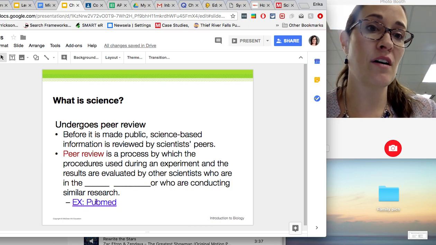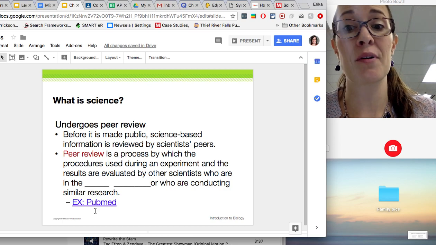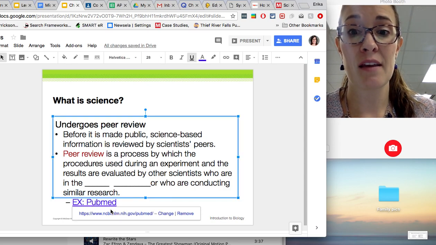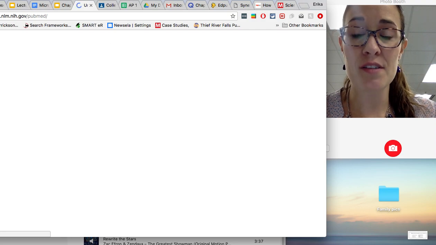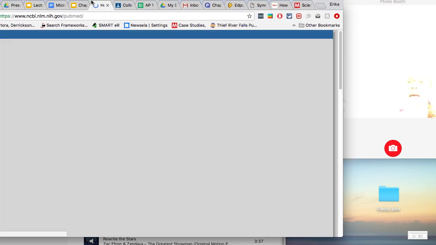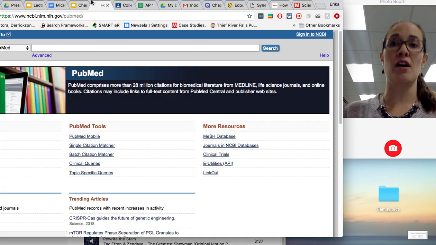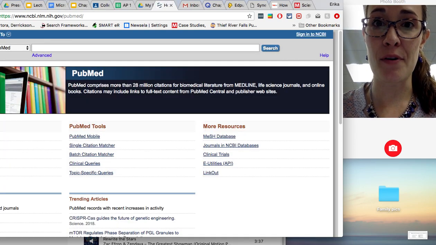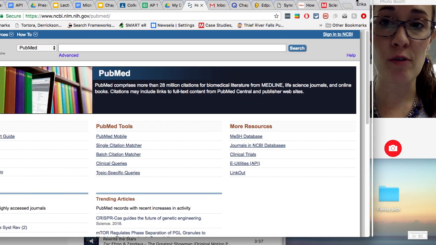One example of where these articles are published is something called PubMed. You could search PubMed on your computer too, and pretty much research all sorts of scientific papers, which you'll need to do for your research project.